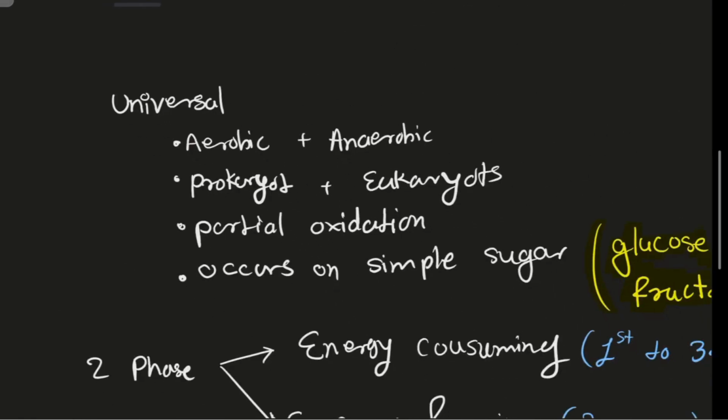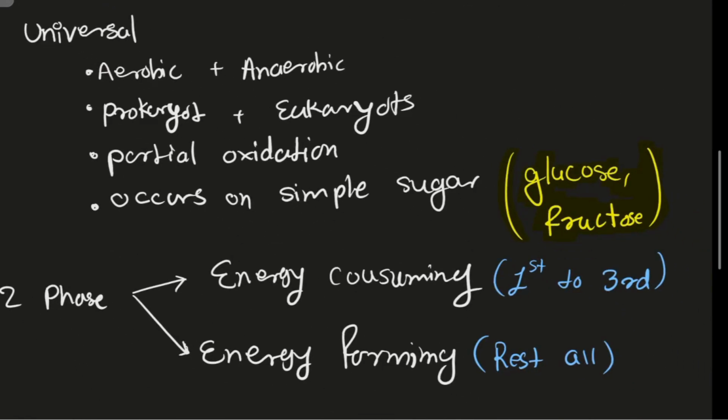So glycolysis is a universal process. It happens in both aerobic and anaerobic organisms, all living organisms, prokaryotes and eukaryotes.